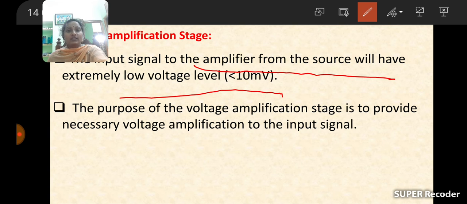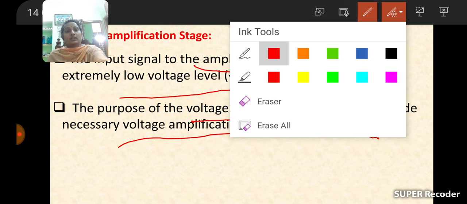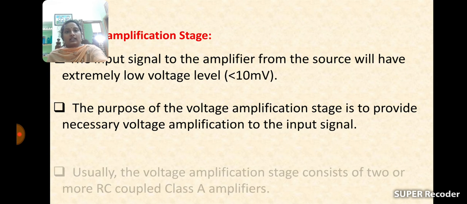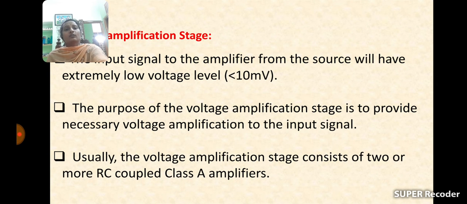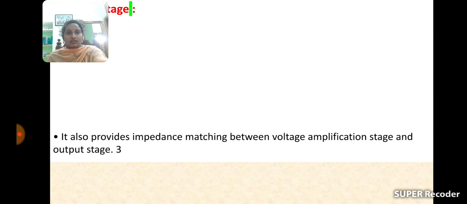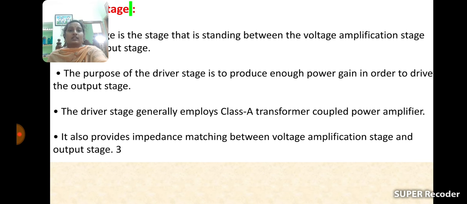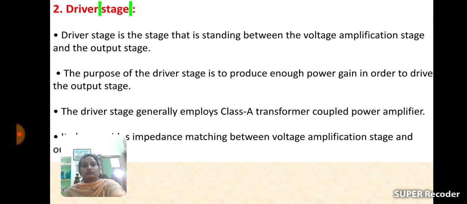Less than 10 millivolts. The purpose of voltage amplification is to provide the necessary voltage amplification to the input signal. Usually the voltage amplification stage consists of 2 or more RC coupled amplifiers. How many amplifiers are there? 2 or more RC coupled amplifiers.